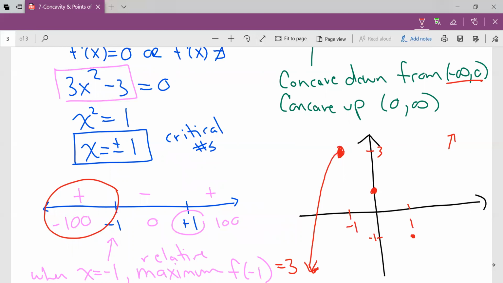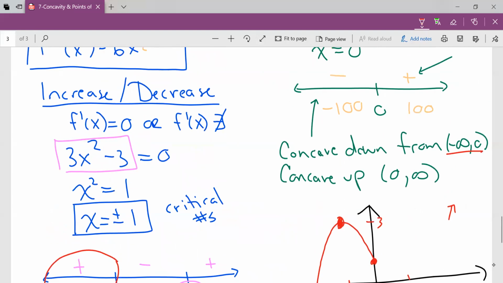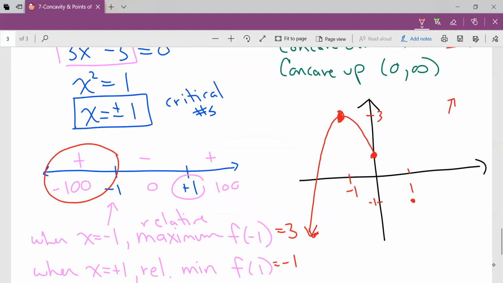There's our relative max. I'm still concave down to right there. But then we switch concavity at 0. So we have our point of inflection. I check in my sign analysis. I'm decreasing. Perfect. And it says I decrease to 1. Love it. I'm concave up on 0 to infinity.